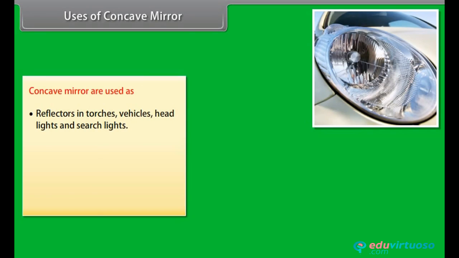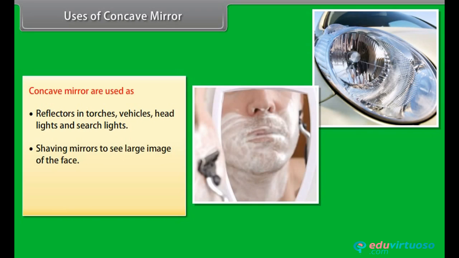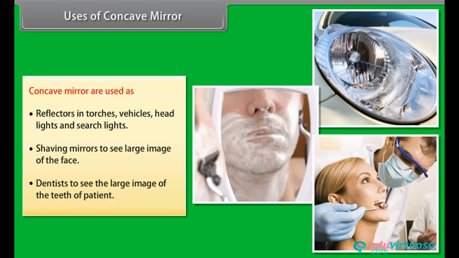Uses of concave mirror. Concave mirrors are used as reflectors in torches, vehicle headlights, and searchlights; as shaving mirrors to see large images of the face; and by dentists to see large images of the teeth of patients.